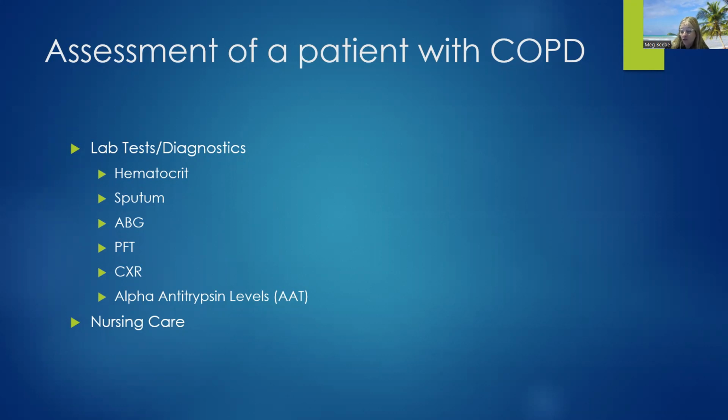So oxygen saturations in patients with COPD tend to be anywhere from 88 to 92%, depending on that patient, their baseline, and how long they have had COPD. A low arterial level of O2 can serve as a primary drive for the patient to breathe.